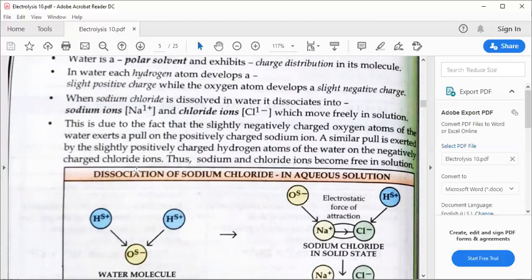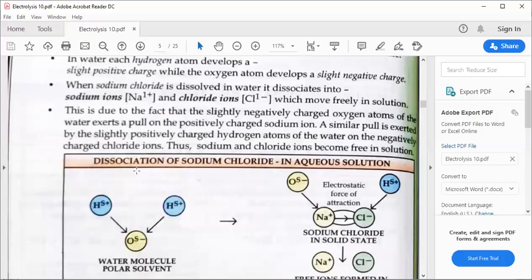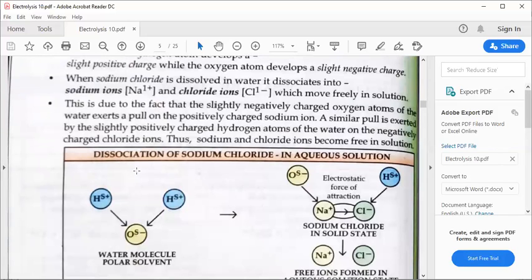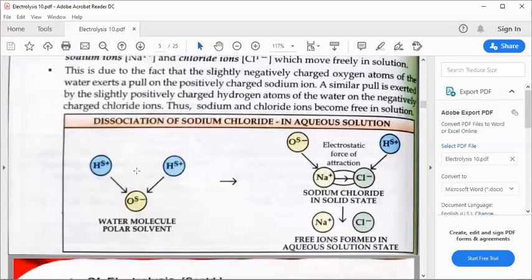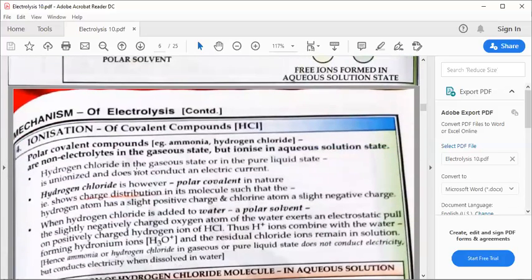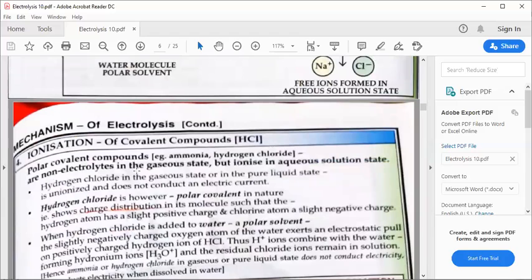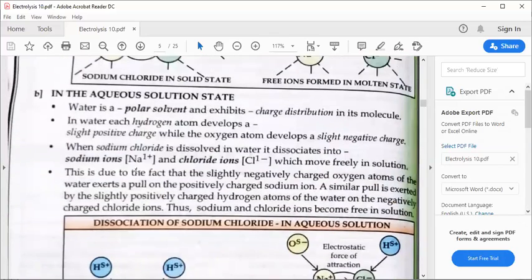Oxygen is a negative charge, so it tries to pull sodium toward itself. Similarly, hydrogen tries to pull the chloride ion. Because of this, sodium and chloride ions become free. Once you have free ions, you can have the electrolysis process. Did you understand this? Yes, ma'am. Okay, any doubt in this?